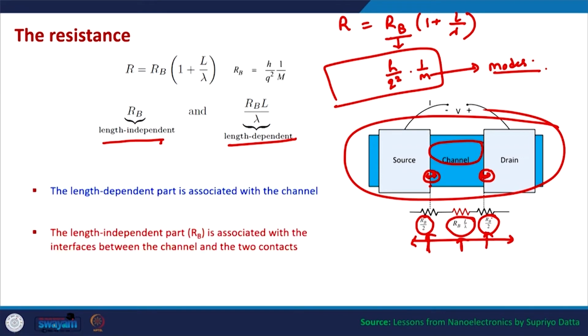Okay. So, as I said, this length dependent part is associated with the channel, and when the channel is ballistic, this part is not there. So, the only resistance that is there in a ballistic conductor is the length independent resistance, the resistance because of the interface between the channel and the source and the channel and the drain.